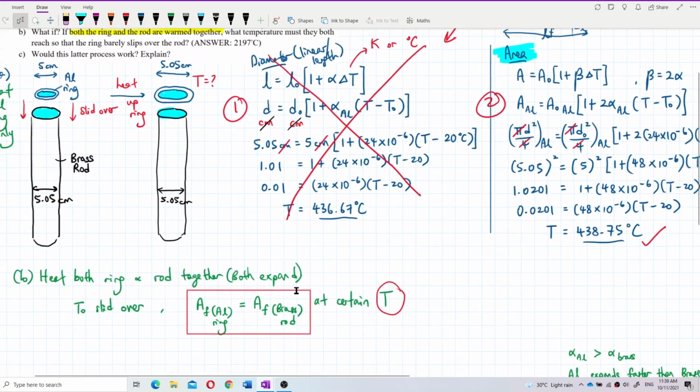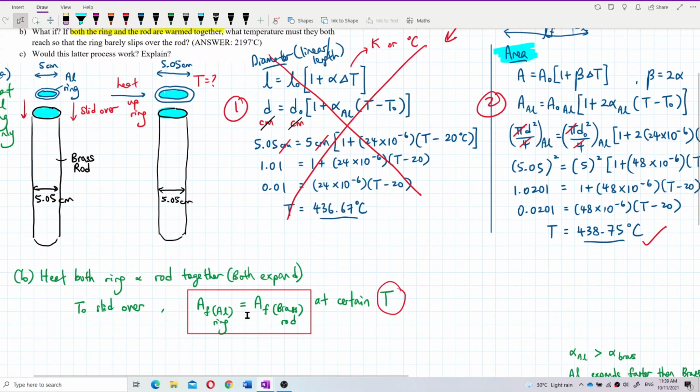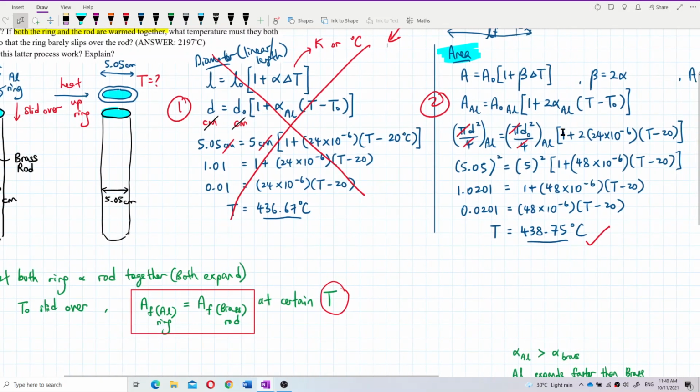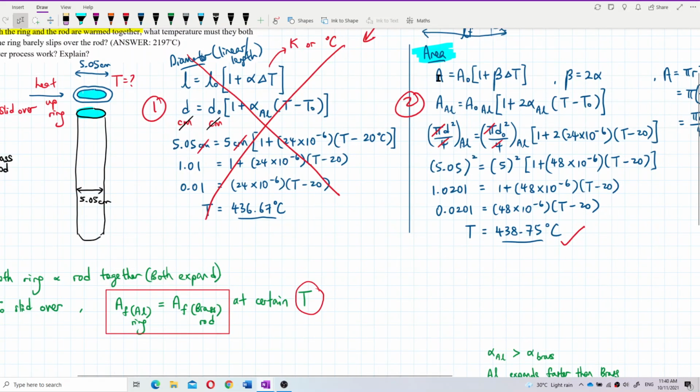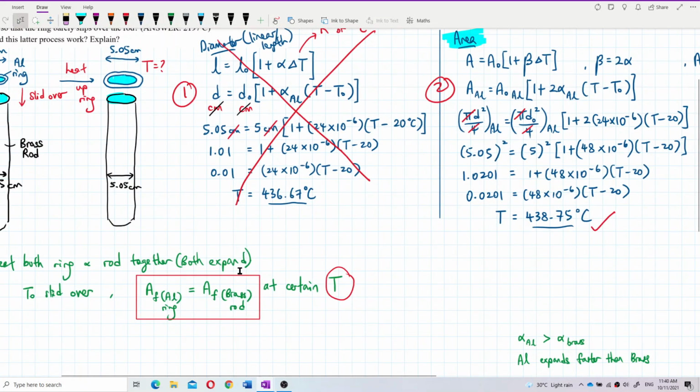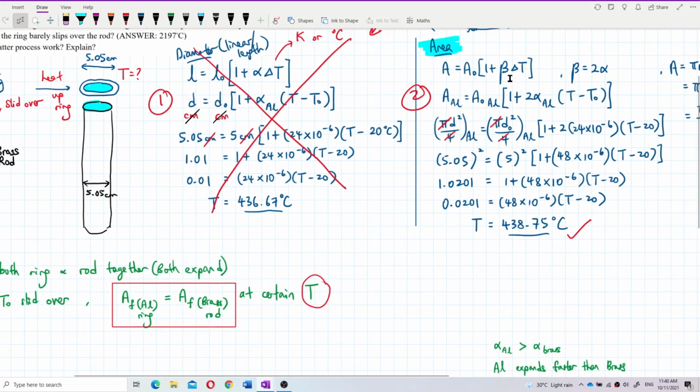Just now you said that because both ring and rod expand, at a certain temperature, for the aluminum ring to slide over the brass rod, they become the same final area. So this is the temperature we want to find, and we use the area formula, A naught times 1 plus beta delta T. And of course, beta is 2 alpha.